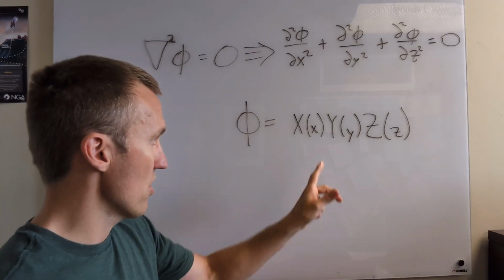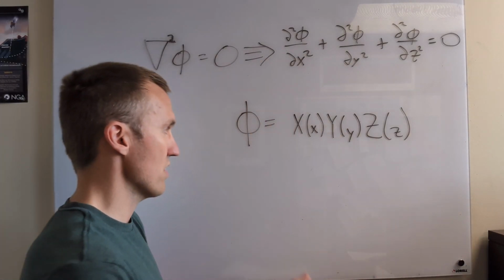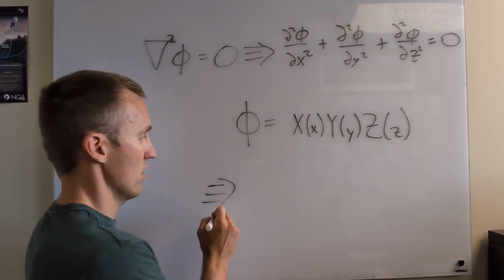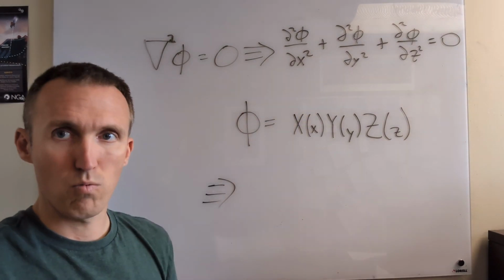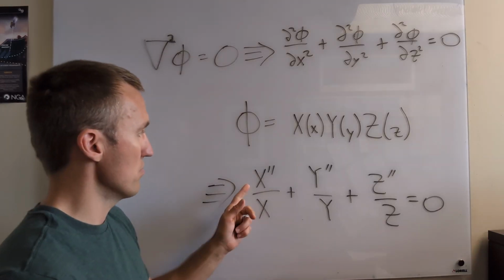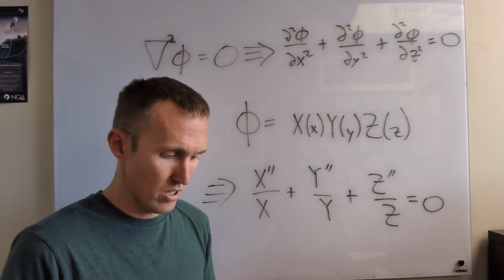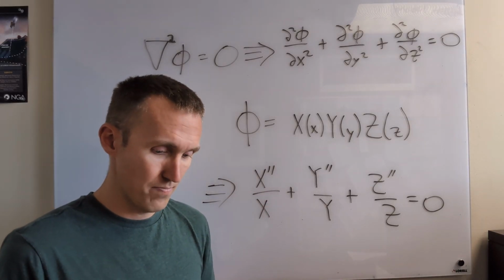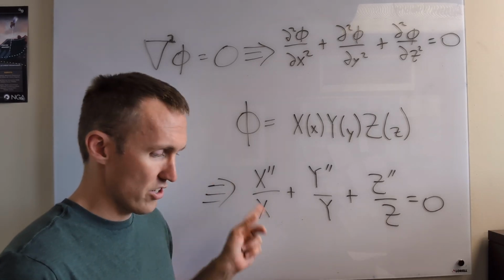Now, if we plug this whole thing into Laplace's equation, we work out the math. I'm not going to go through all that math, but we work it out, and we get the following. In this case, we're taking the second derivative of X with respect to x. Each term depends on a different variable.